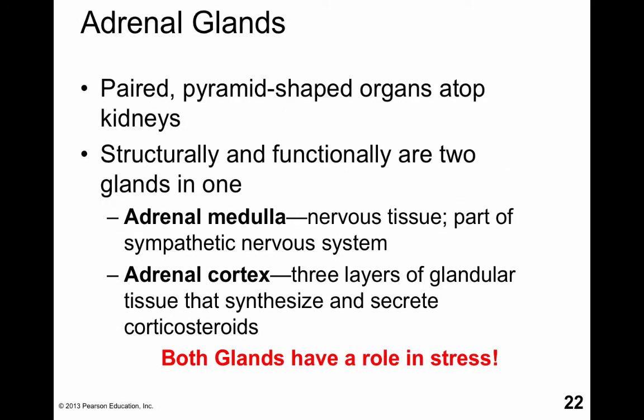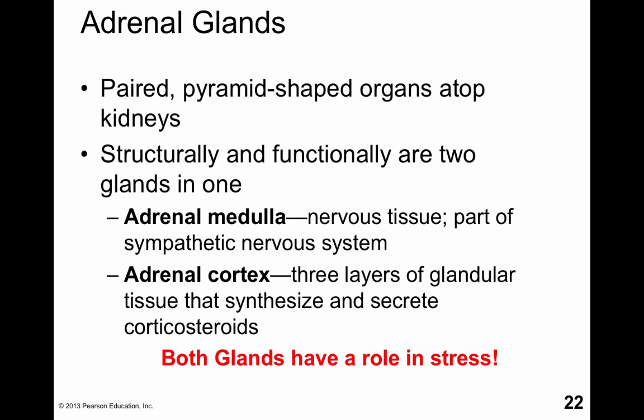The adrenal glands, these are pyramid-shaped organs atop the kidney, right? Structurally and functionally, they are two glands in one. You have the adrenal medulla, and this is basically nervous tissue, and it's part of the sympathetic nervous system.